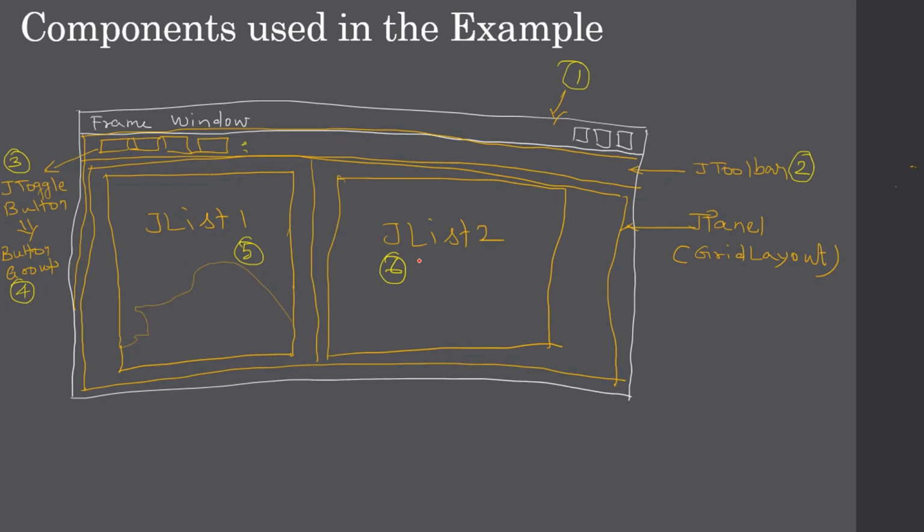Here, if you see, our Eclipse is ready with the basic files. We have MainEntry.java. Here we create our frame window, and this one is our frame window. Creating a frame window is already explained in the very first video in this video series.